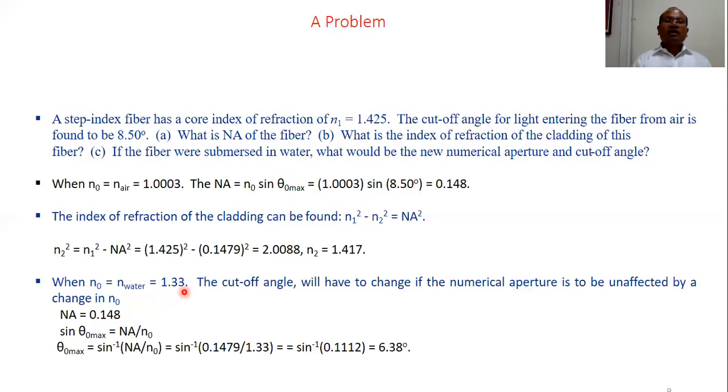The cutoff angle will have to change if the numerical aperture is to be unaffected by n0. It asks what would be the new numerical aperture and cutoff angle. For this, we can calculate the new cutoff angle. So sine theta max is equal to numerical aperture divided by n0. Numerical aperture is 0.148 divided by 1.33.